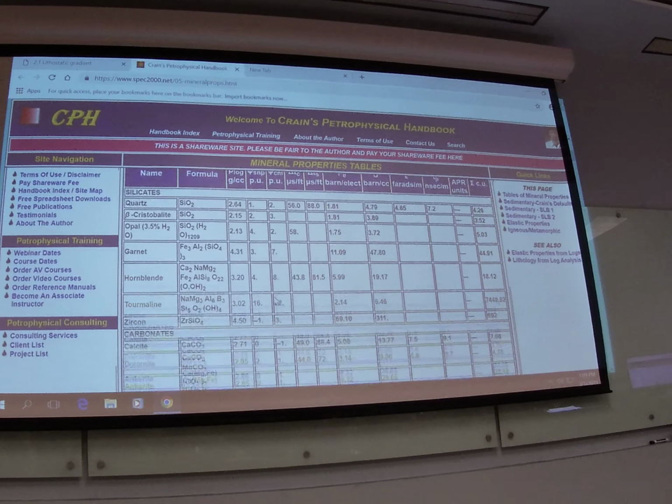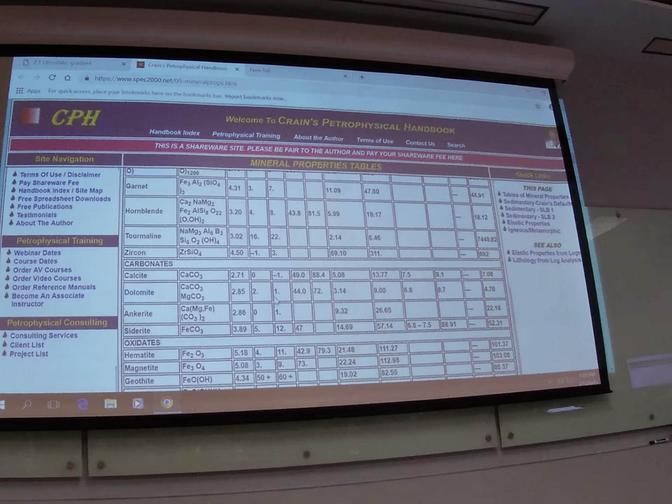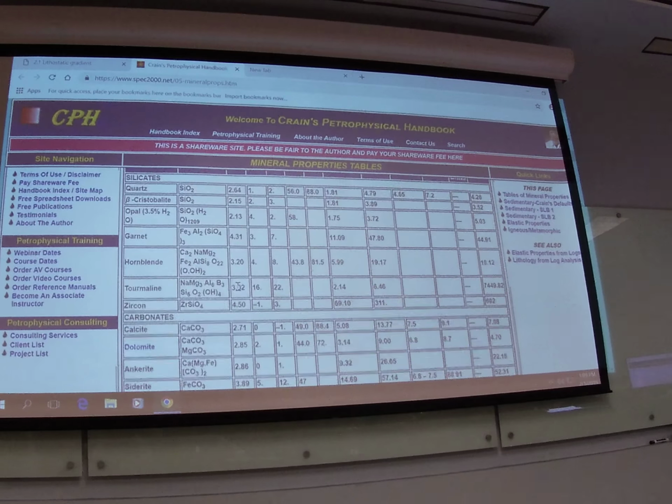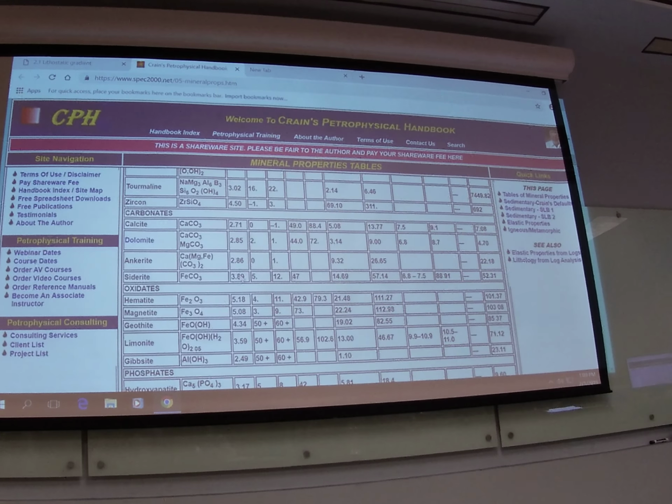And there you have it, second column is density. Okay, so now you have everything you need. Now you just have to do some unit conversion, and you will get the answer.